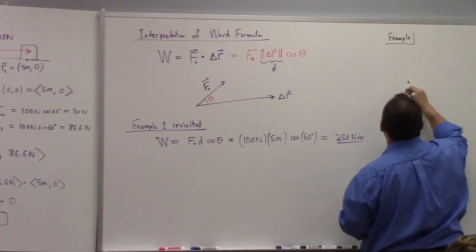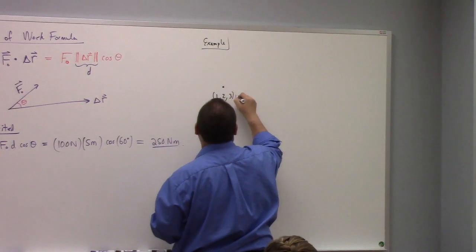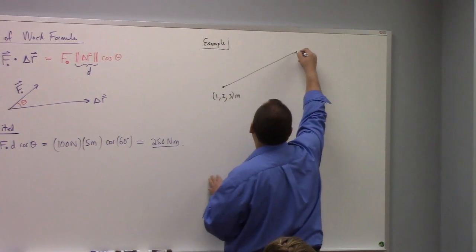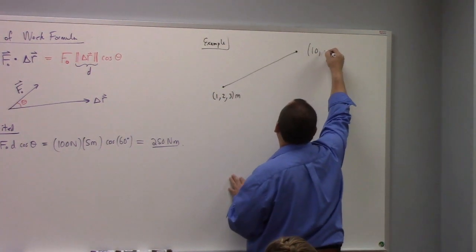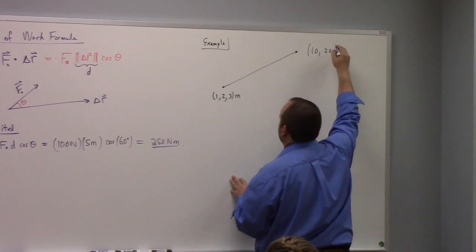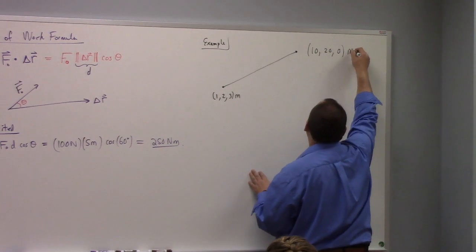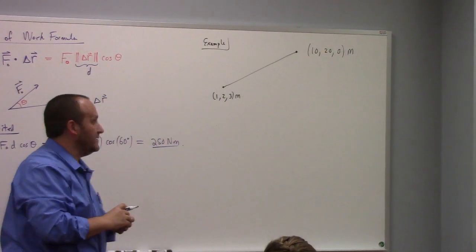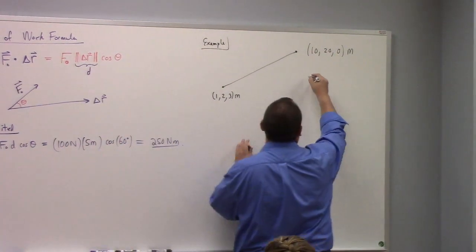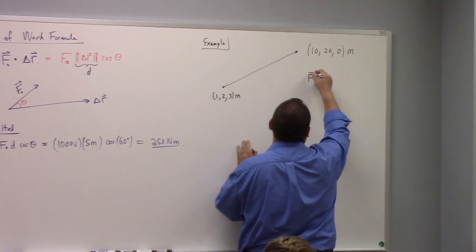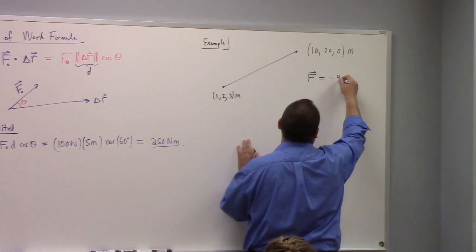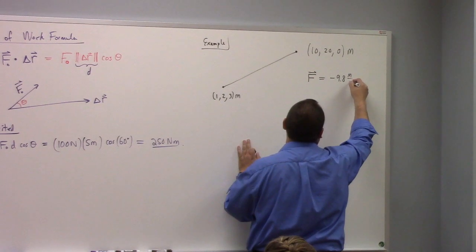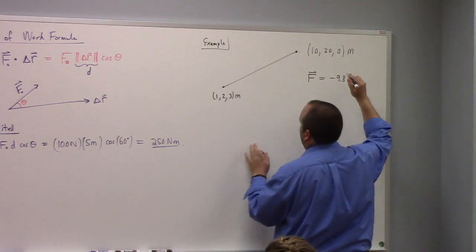So if I'm going from the point 1, 2, 3 in meters over here to the point 10, 20, and 0 in meters, and suppose we're looking at the force of gravity, which is minus 9.8 meters per second squared times the mass.